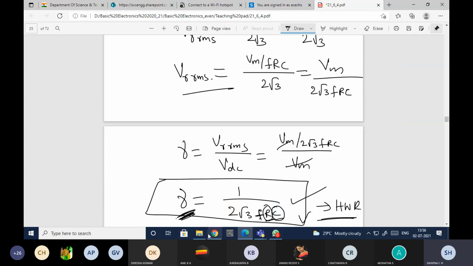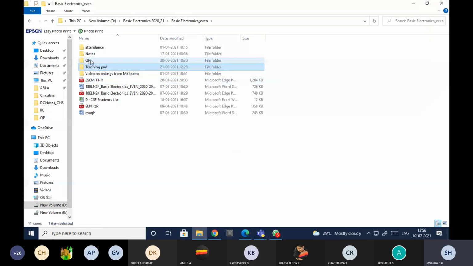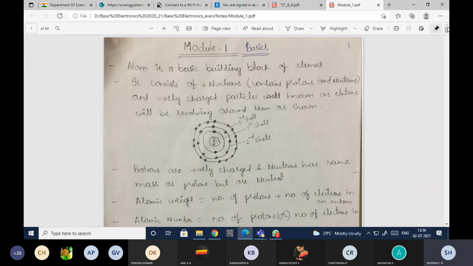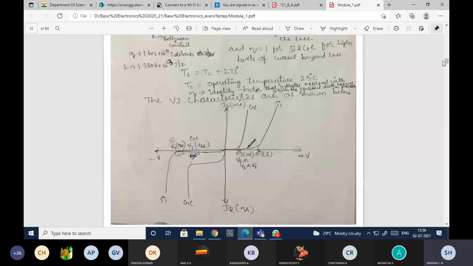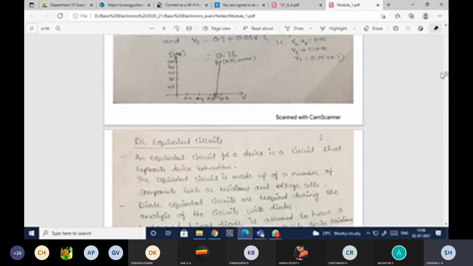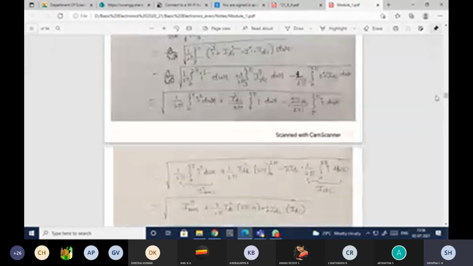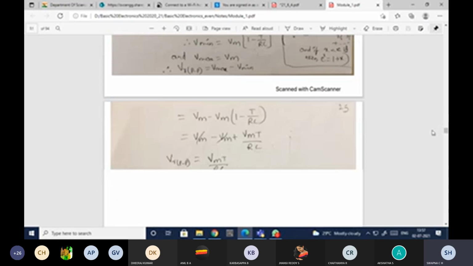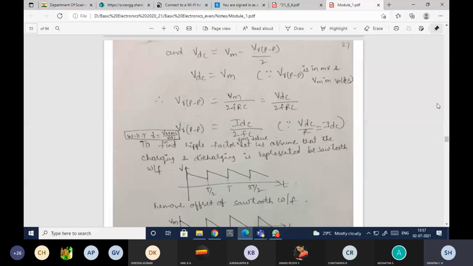Okay, so let me open the notes where I have simplified. Notes, Module 1, where I have derived the equation for a sawtooth waveform. Here.